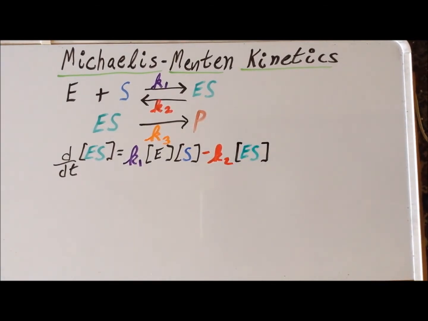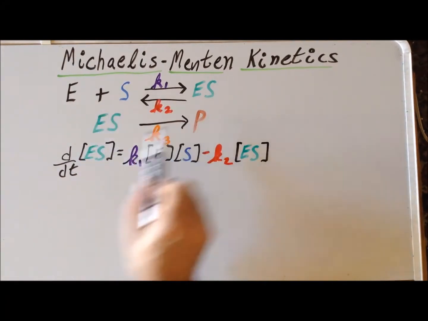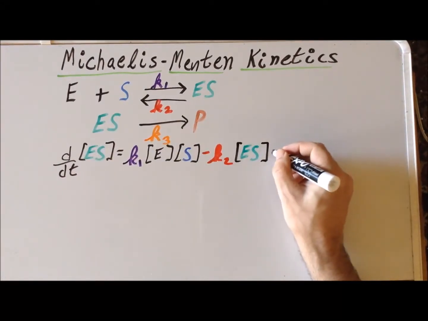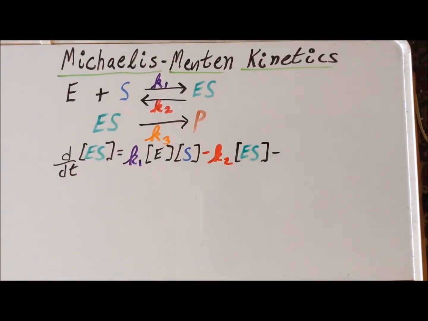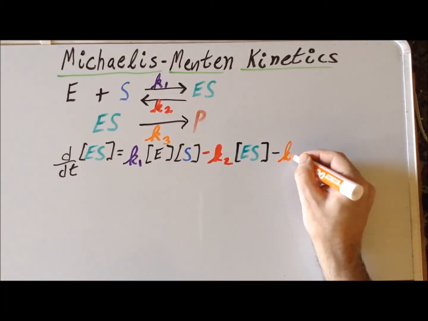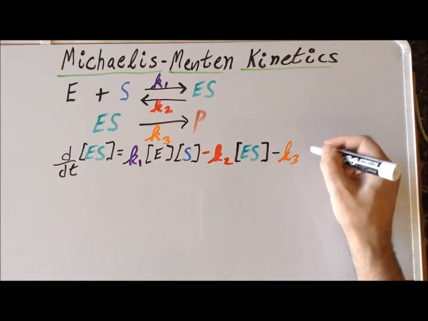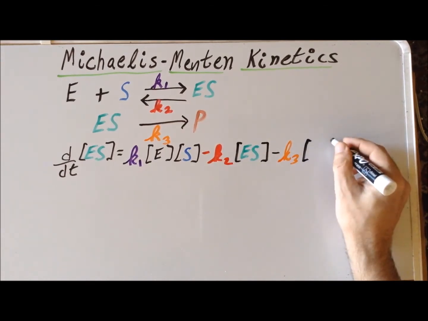So that's one of the means by which we lose the concentration. The other method is that the enzyme-substrate complex goes on to form the product. And it does that with a rate constant K3. And the overall rate is K3 times the concentration of ES.